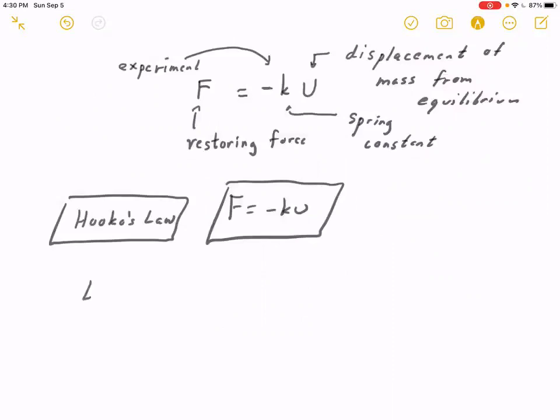Now, what I'd like to do is revisit this problem with a little bit more detail.